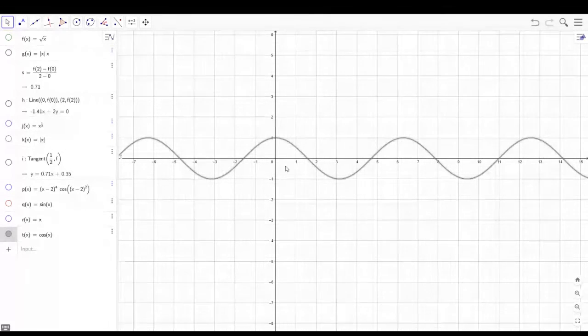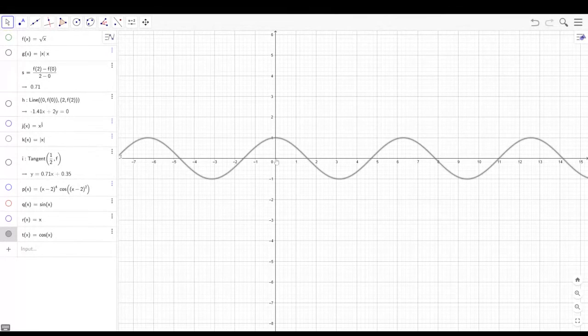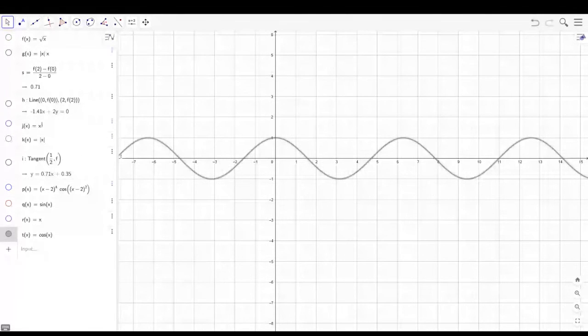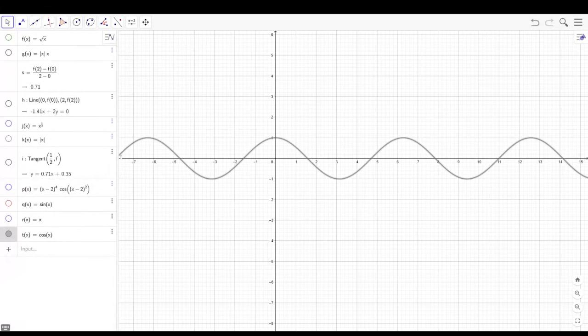Now the cosine graph just goes between +1 and -1. So it's always less than or equal to +1. So that's where the inequality has come from. If you see, this graph never goes above 1.